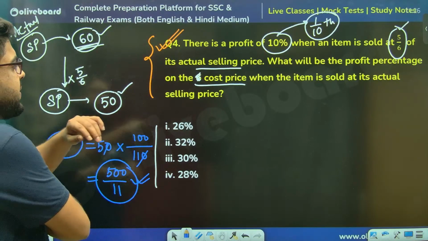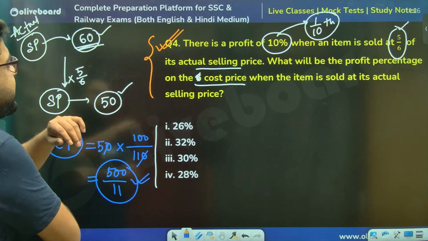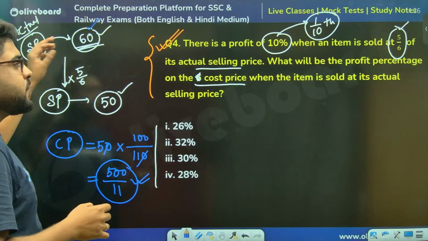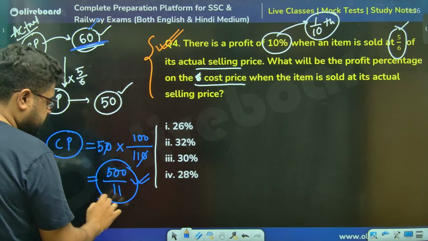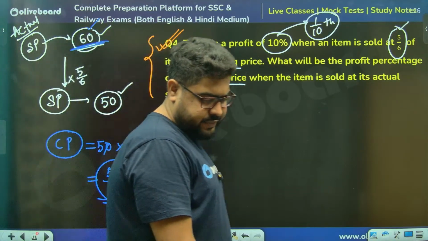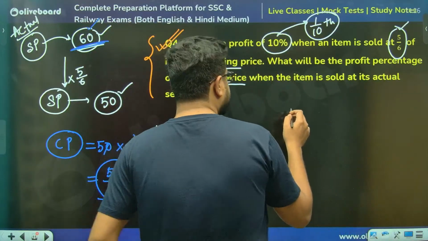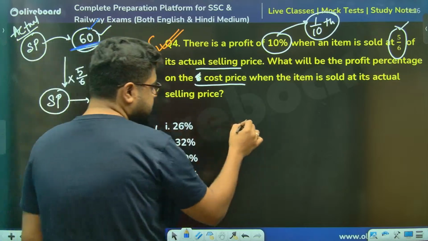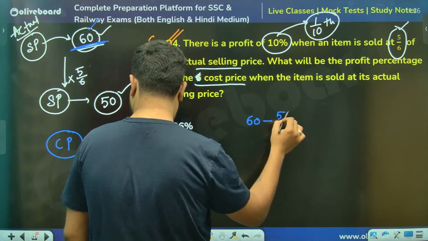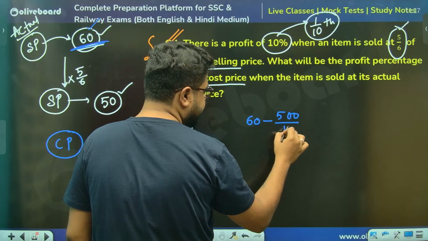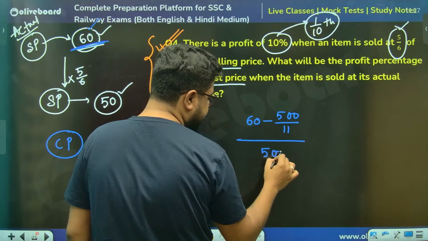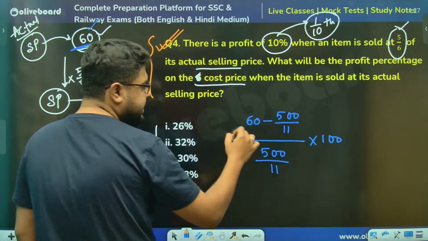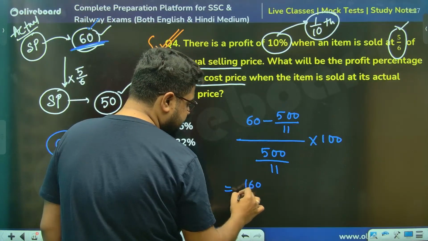Okay, let's see. What will be the profit percentage on the cost price when it is sold at the actual SP, meaning 60? So this is your SP, this is your CP. Profit will be 60 minus 500 by 11, divided by CP, which is 500 by 11, into 100. 660 minus 500 is 160, by 500.